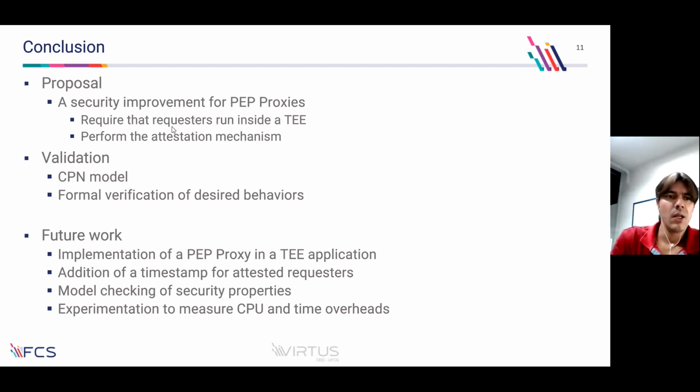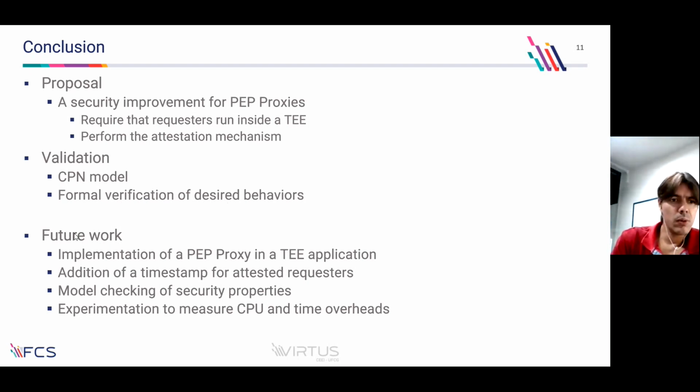To check this, the policy enforcement point proxy will perform the attestation mechanism, and once this attestation mechanism is successful, it will forward the request to the provider, allowing the consumer to receive and process sensitive data. To validate our proposal, we implemented a CPN model, and we performed some verification of desired behaviors.